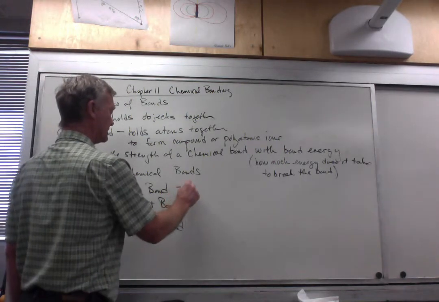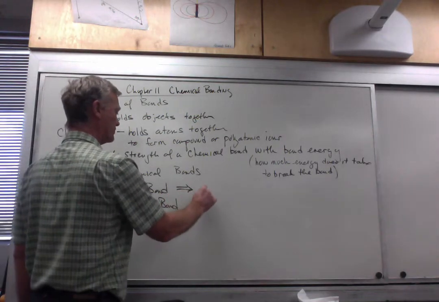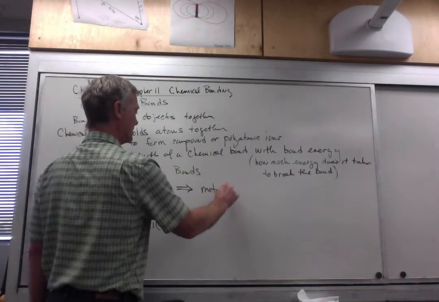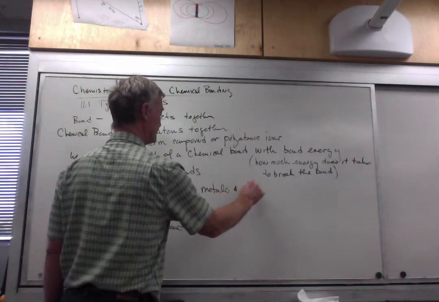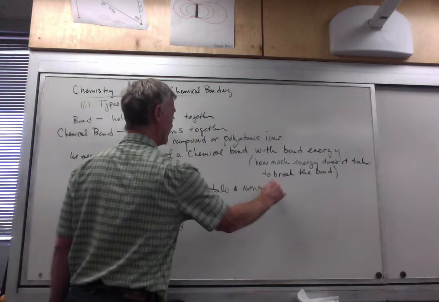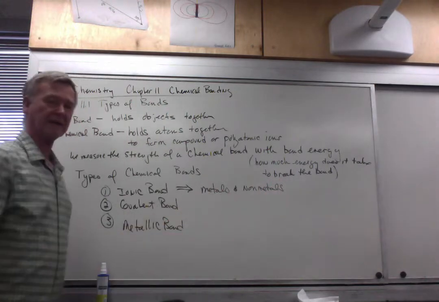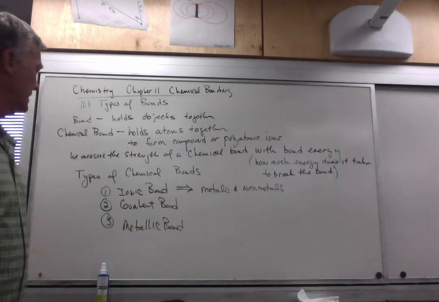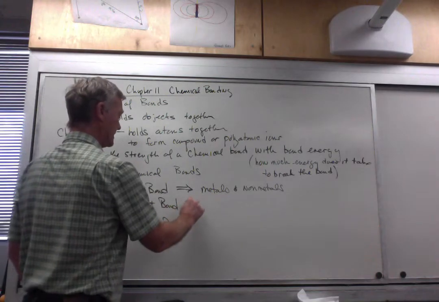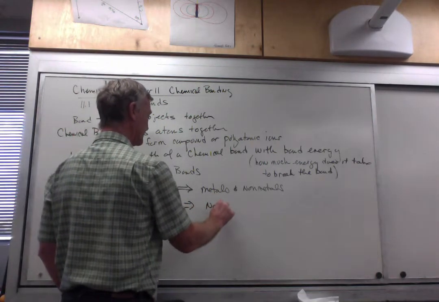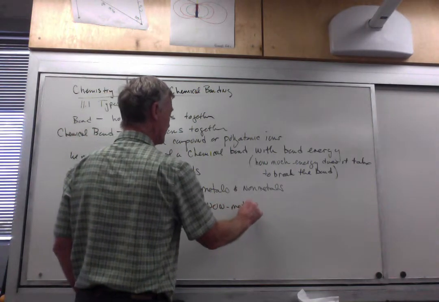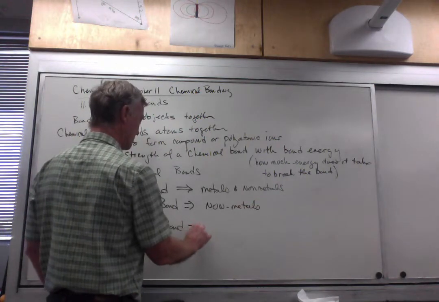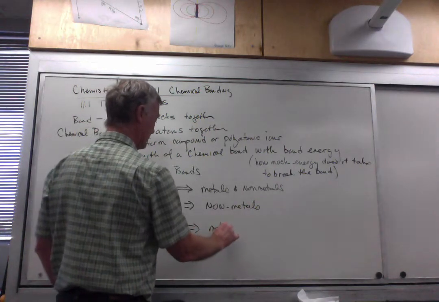Ionic bonds primarily form between metals and nonmetals. Covalent bonds tend to form between nonmetals, and metallic bonds form between metals.